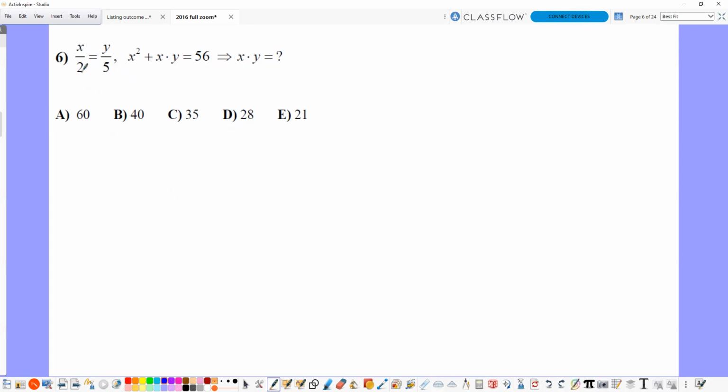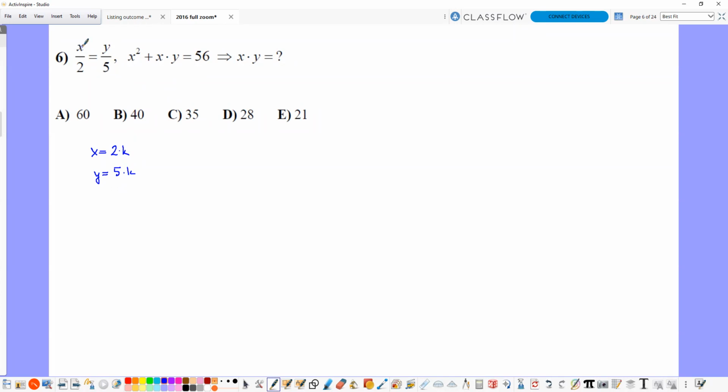If x over 2 is equal to y over 5, it means that x is a number related with 2, which is written like 2k, and y is a number related with 5, like 5k. If you write 5k divided by 5, it is equal to k.